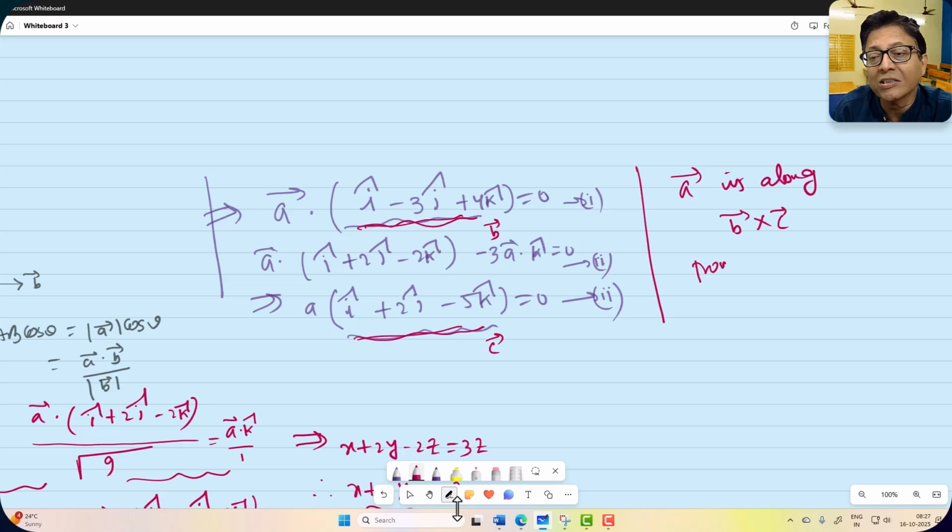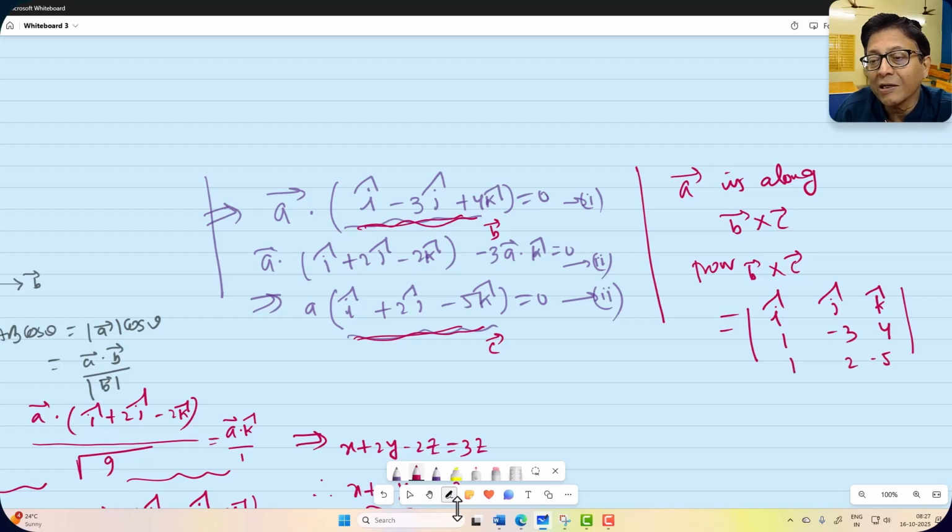Find B cross C now. B cross C going to be i, j, k and 1, minus 3, 4, 1, 2, minus 5. So this is going to be 15 minus 8, that is 7, minus j into minus 9 plus k into 2 plus 3, 5.